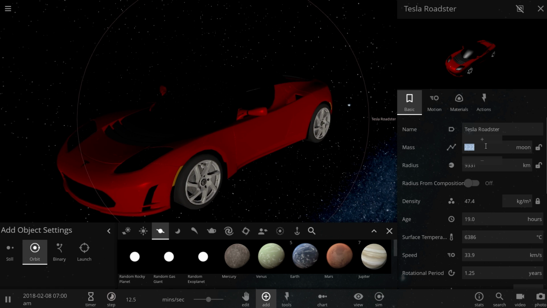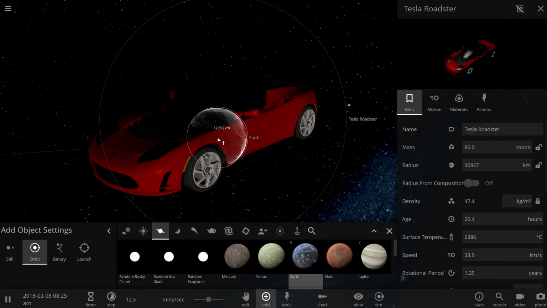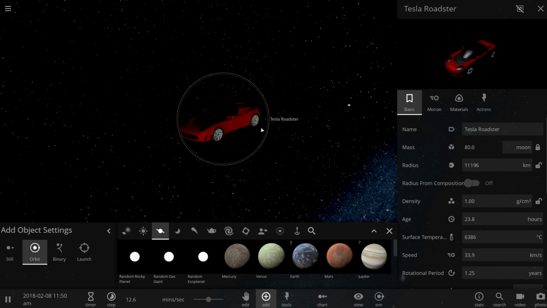Right now, we're just going to increase its mass until it becomes an Earth-like object, bigger than Earth, with the mass of Earth. All right, so let's start increasing its density to the density of water.